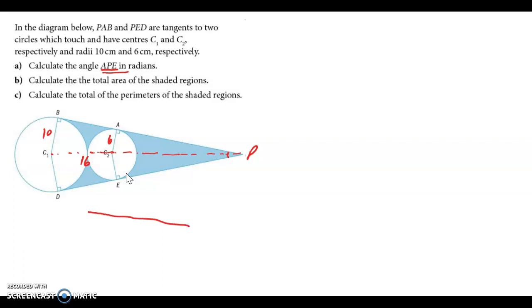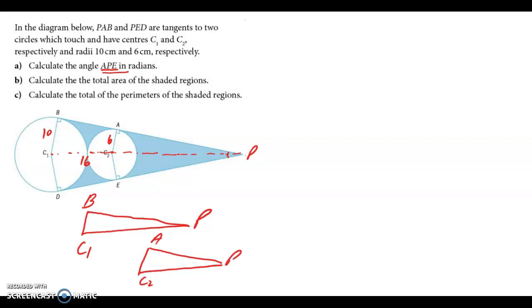Now if we form two triangles, let's say this is B, P and C1, and another one similarly, this is A, P and C2.